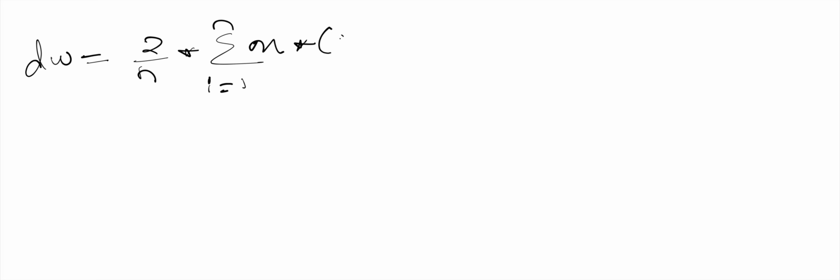Now, dw is equals to 2 by n into summation of i equals 1 to n, x into y prediction minus y expected. Now, let's go through how this is happening.